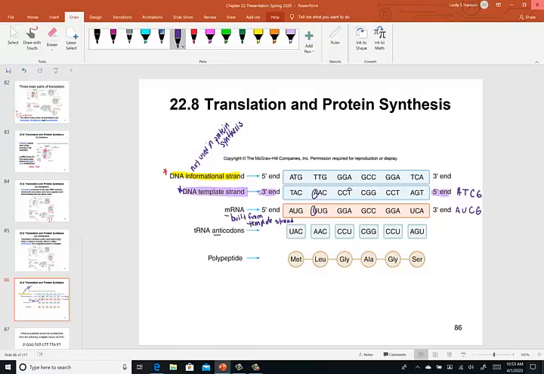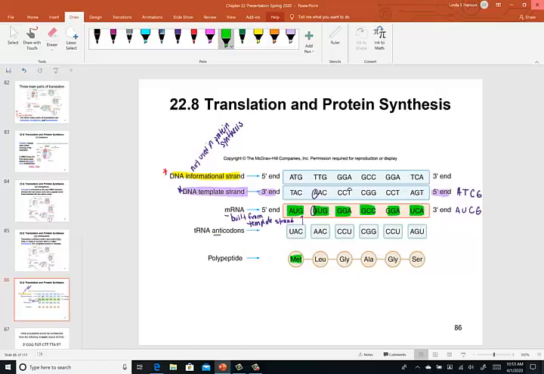The anticodons are the complementary base pairs from the messenger RNA, and we read the codons for the amino acids. So let's highlight what the codons are. I'm going to highlight those in green. Those are the 3-lettered sequences of bases representing the codes for the amino acids.